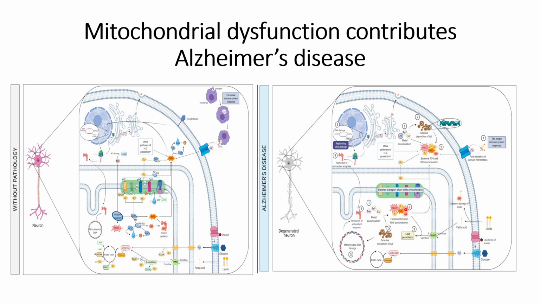This will further aggravate the increase of the ROS and RNS accumulation, as the antioxidant enzyme that controls the metal accumulation will also get reduced, as we discussed previously in this video.